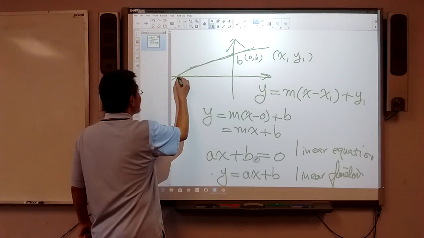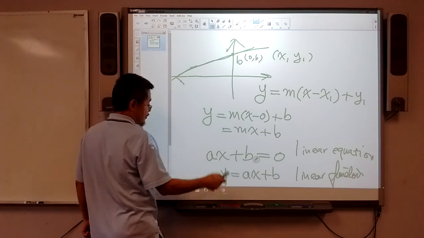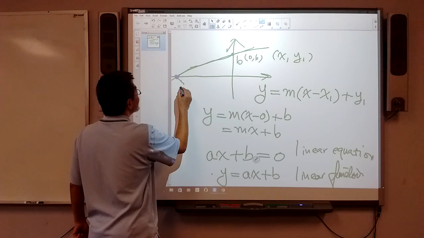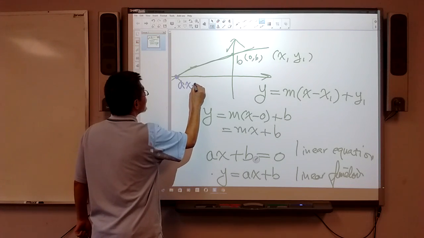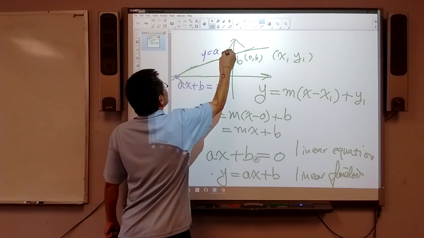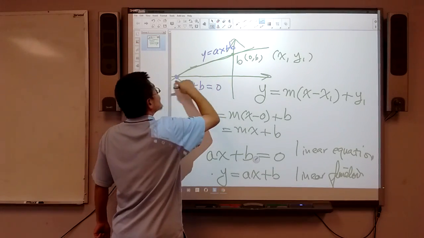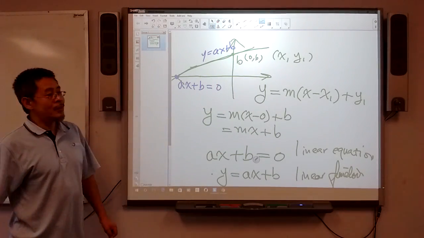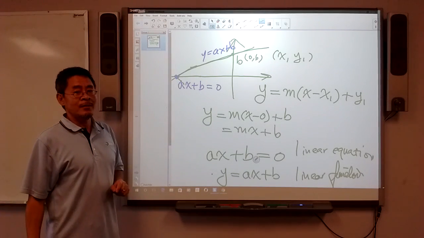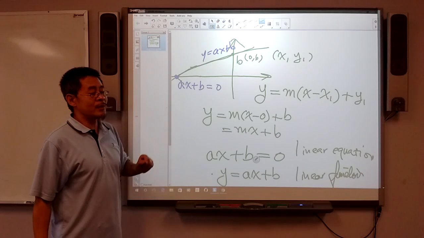So the solution of the linear equation is right here on the line, a point on the line. That's the linear equation, ax plus b equals 0, and this is a linear function. And the linear equation is right there. Okay, that's one point.